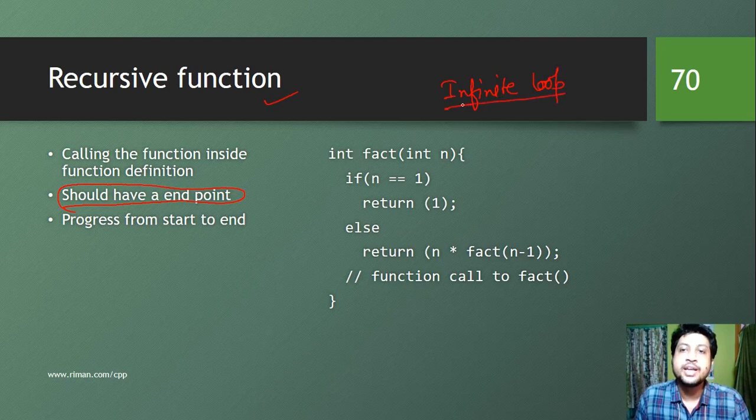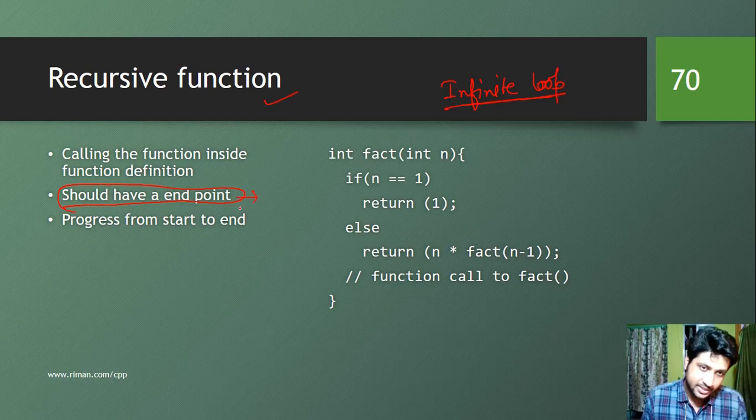You are calling your own function within the same body. That means in the function definition you are calling the function, and that becomes an infinite loop. So you must have an endpoint somehow to break out of that loop and progress from start to end. So we start from something and we will reach that endpoint to reach our goal.